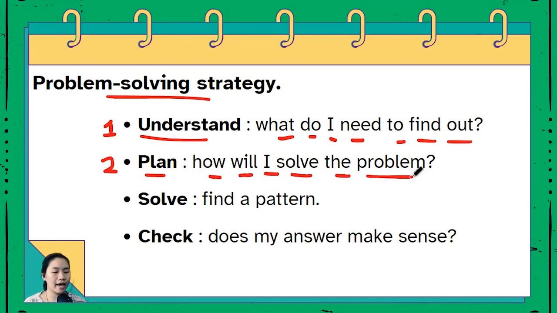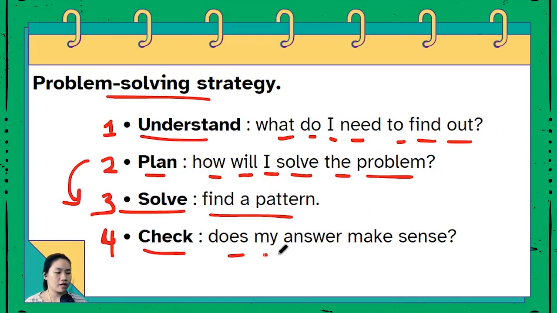For example, you can start by identifying the pattern unit and then assigning numbers to each of the objects within that pattern unit. Third is to solve, basically applying what we know in step 2. Find a pattern. And last but not least is to check: does my answer make sense?